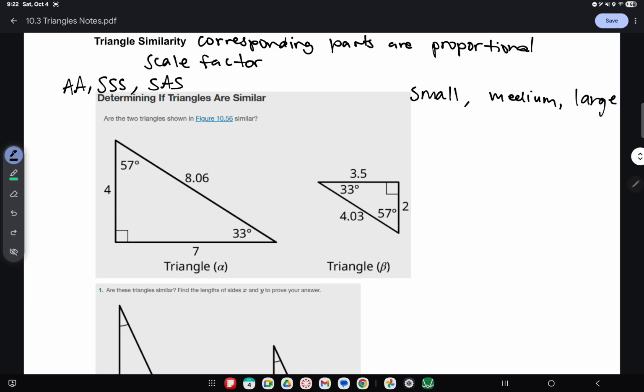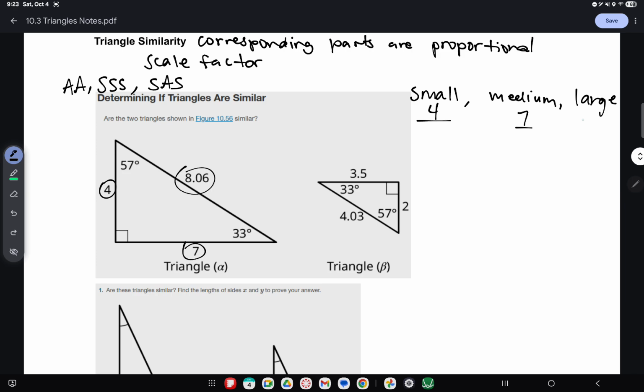large. So if I look at this big triangle, I've got 4, 7, 8.06. And so it doesn't matter if I'm going from the big triangle to the small one, or if I'm going from the small to the big one. Because the big one's on the left, I'm going to use that as the top. So the smallest side is 4. The medium side is 7.